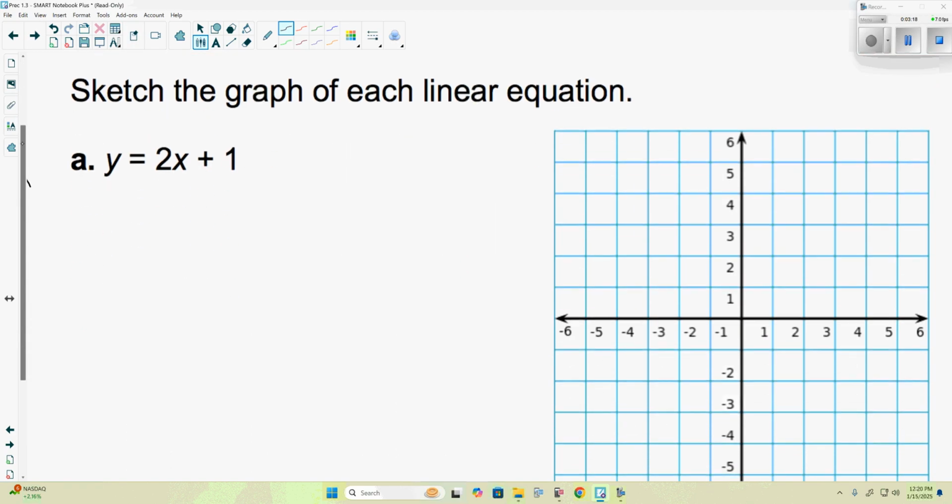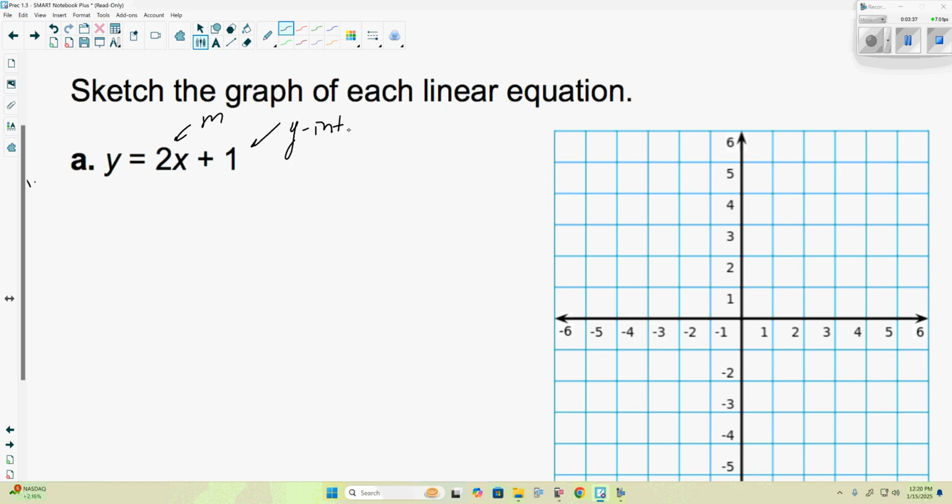All right, if we wanted to sketch the graph of a line, we have it here. The 2 is our slope. The 1 is our y-intercept. Because we have it in y equals mx plus b form, we get the slope and the y-intercept.